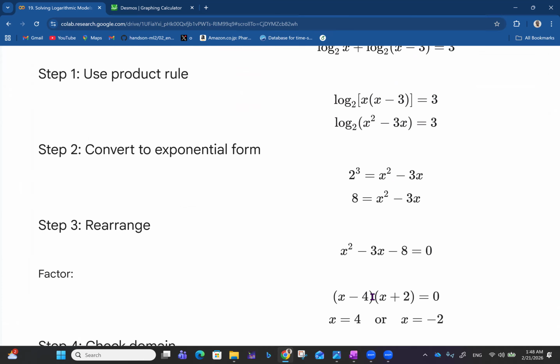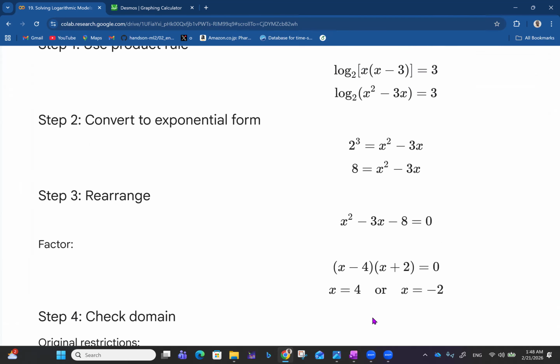So you can then factor that to be x minus 4 times x plus 2 equals 0, and then you have x equals 4, x equals minus 2.